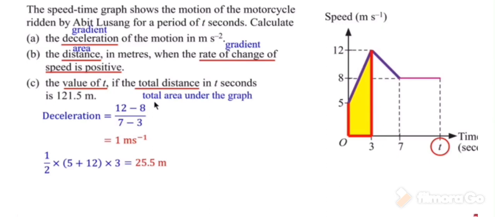So we have 3 types of area. One is the yellow trapezium, found already. So this one, yellow one, is 25.5. Now we need to find another 2 shapes.